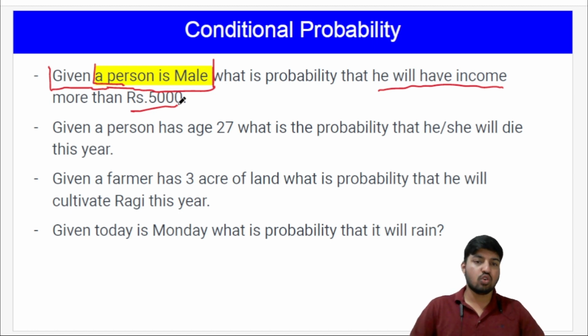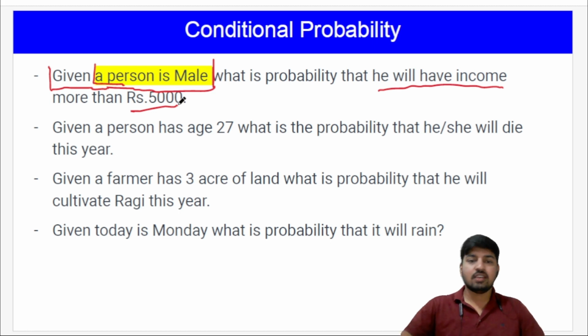Another question can be: a person has age 27, it has been given, you know that for sure. So what is the probability that he or she will die this year? Those who are doing the PIM course, postgraduate diploma in insurance management, or those who are professionals handling insurance related work, might have this question because they want to create a product based on this probability.